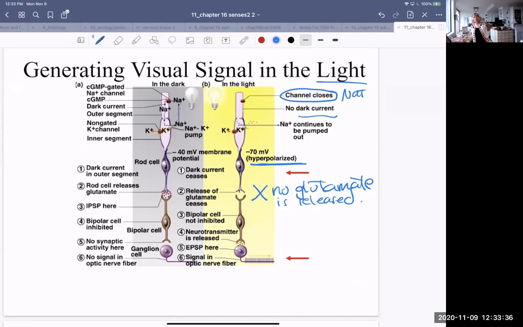So there is no inhibition anymore. There's no postsynaptic inhibitory signal. So the bipolar cell is not inhibited, and it releases the neurotransmitter here.